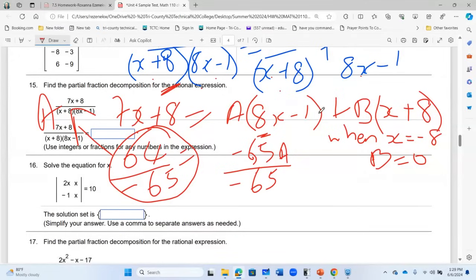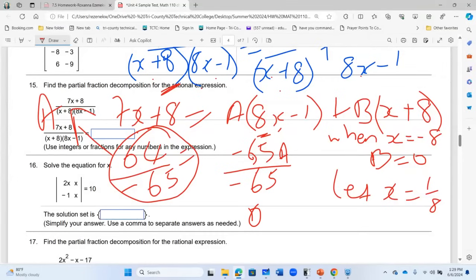So it's going to be 1 over 8. So I'm going to say, let x equal to 1 over 8. If I replace this quantity by 1 over 8, then I have A equal to 0.